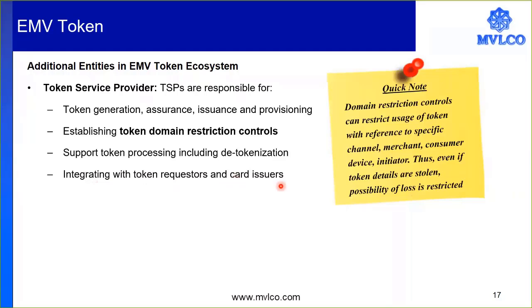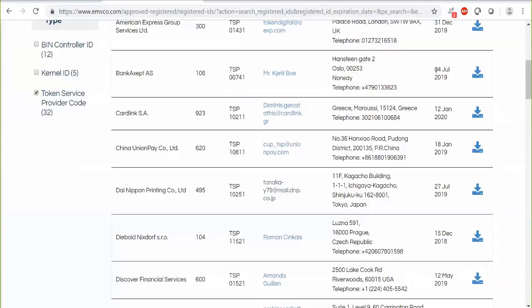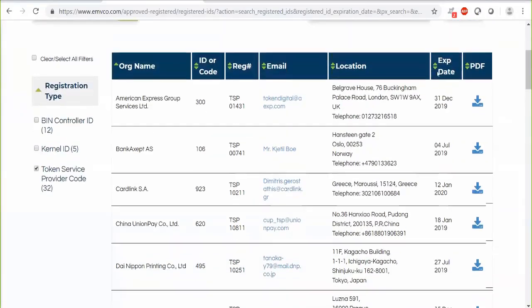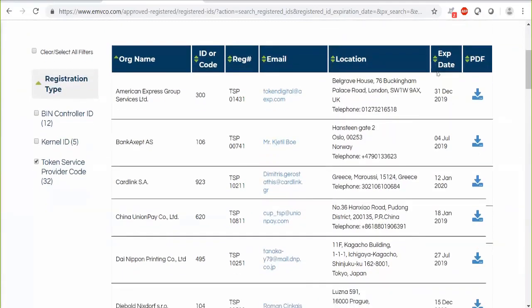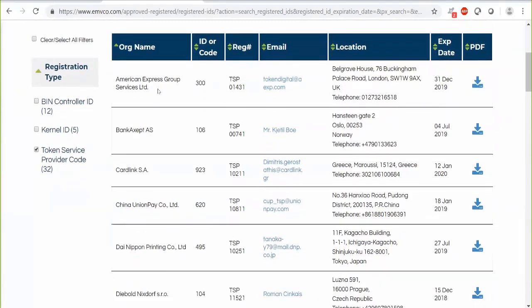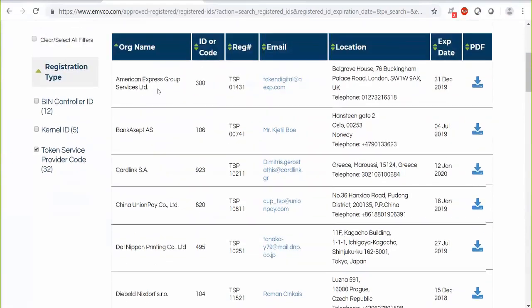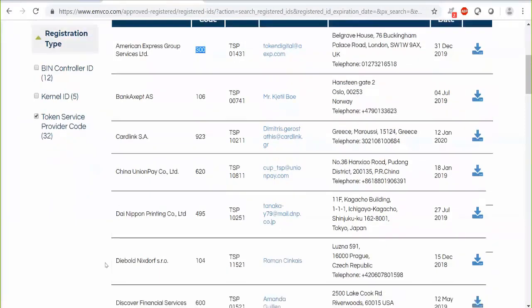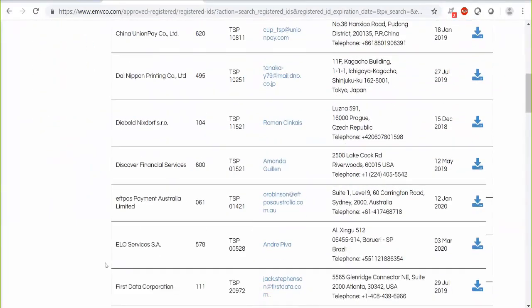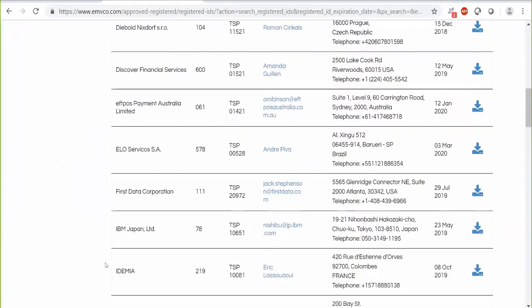So let me just take you to EMV Co website. So what you see on your screen are the token service providers. So as you can see the names, it has American Express, it has China Union Pay, etc. So it has ID or code. This is a 3-digit, I would say, TSP code, right? And you can find many big players like Discover is there, or First Data, IBM.